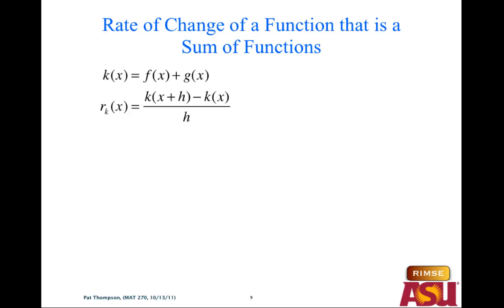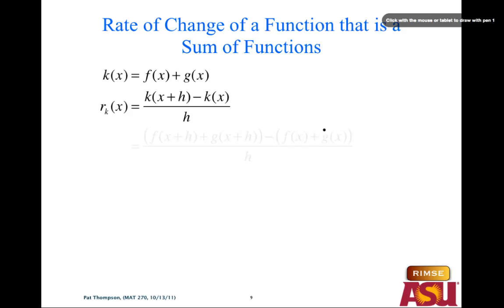All right, so what is k of x plus h? It's going to be f of x plus h plus g of x plus h. And we know what k of x is, right? It's f of x plus g of x.